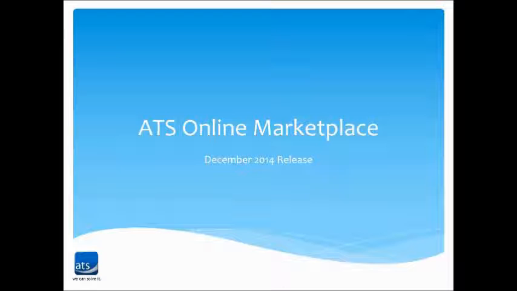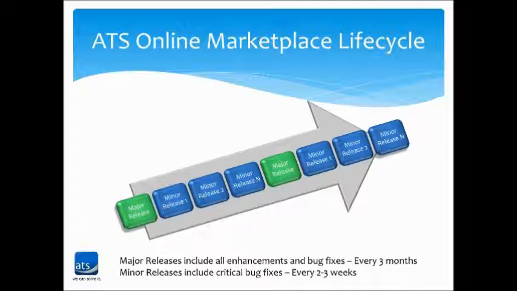As we've talked about before on some of these slides, I have this slide here to show you that the major releases happen approximately every 3 months, and then there may be anywhere from 3 to 7 minor releases. They happen every 2 to 3 weeks and take care of bug fixes, or maybe an emergency patch, or some other minor enhancement that somebody needs at that moment.